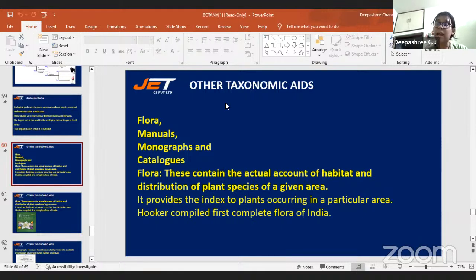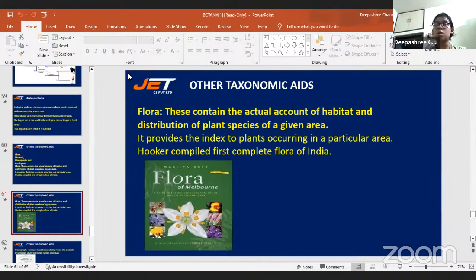So flora is the actual account of that habitat. Suppose you live in Kerala in a particular place, the flora of your locality will tell you what the different species and organisms present there are. And these contain the actual account of the habitat and distribution of plant species of a given area, and it provides the index to plants occurring in the particular area.